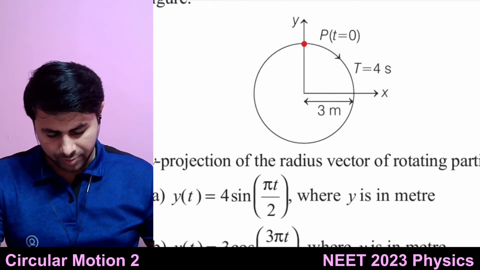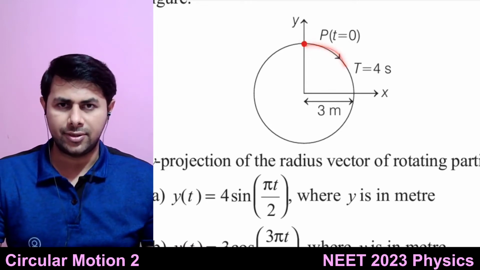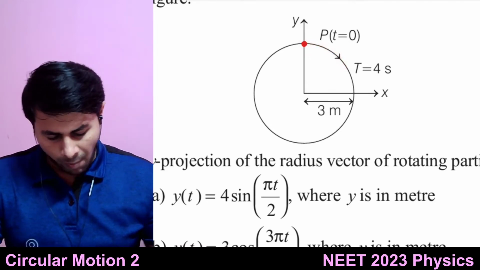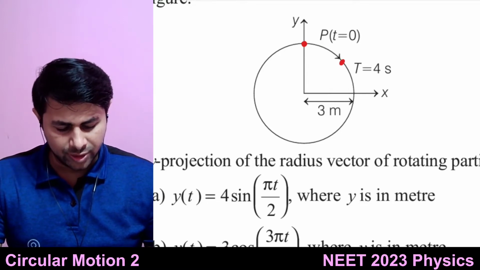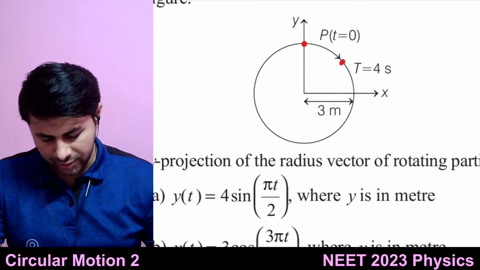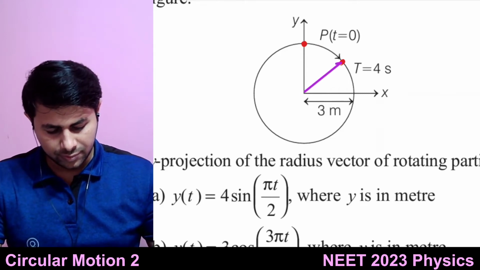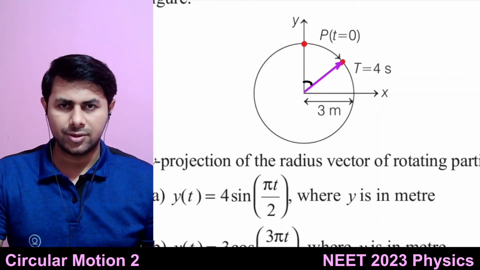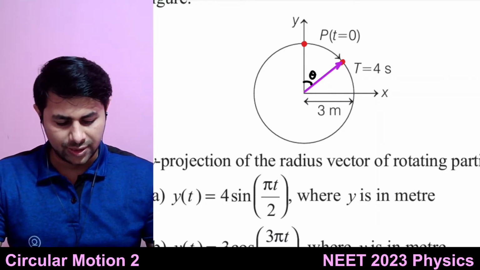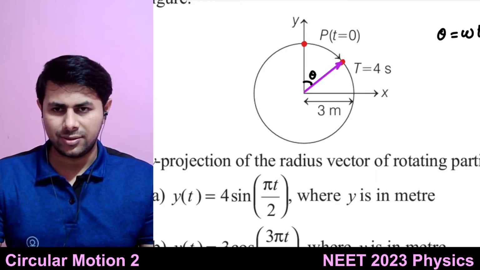See, the object starts from this point, it moves like this, clockwise sense. So suppose your object moves here. This will be your radius vector, right? How much would be this angle? This is theta. Suppose theta is equal to omega t. We have seen this.